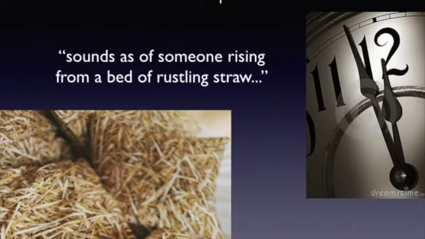What's deemed inexplicable by the narrator are the sounds of someone rising from a bed of rustling straw, and the sounds that echo the beggar woman's whole trajectory from straw bed to the back of the stove, from life to death. But from whose point of view are these sounds inexplicable? The first time the word is used, it's in the context of a rumor being circulated about a ghost, and it's inexplicable to the servants who played no part in the beggar woman's death.